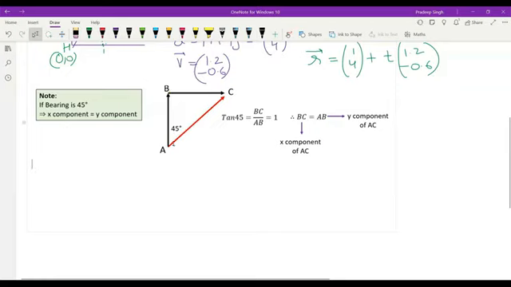Whenever the angle is 45 degrees, consider this right angle triangle, tan 45 will be opposite upon adjacent, so BC upon AB. Tan 45 is 1, and that's why we get BC and AB are equal. We say the x component of the displacement AC is equal to the y component of AC.